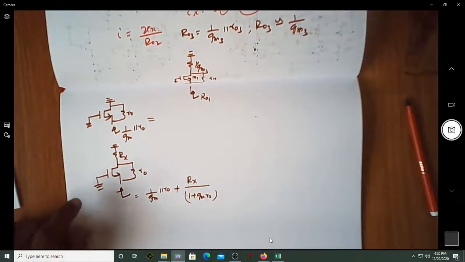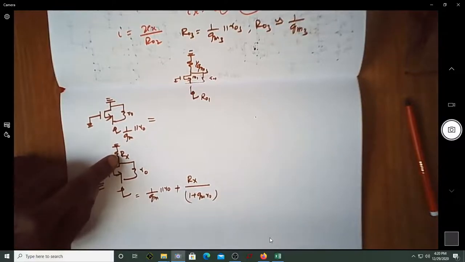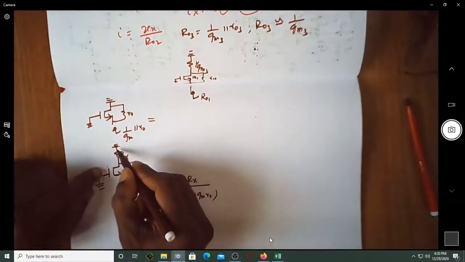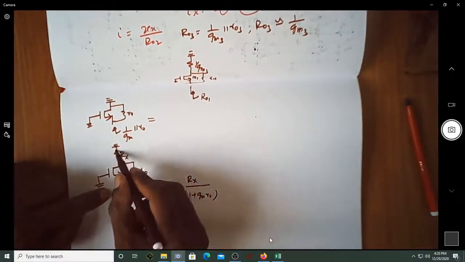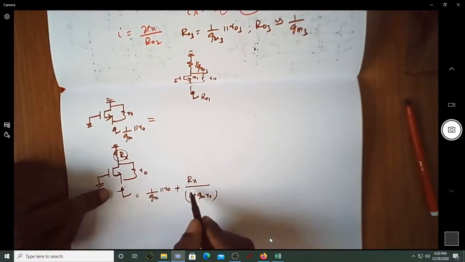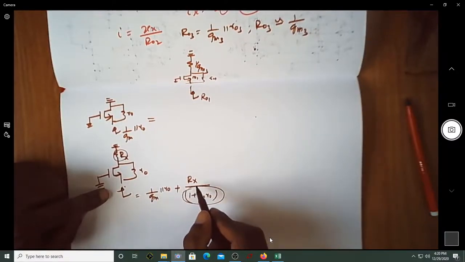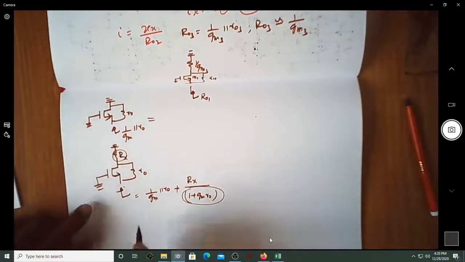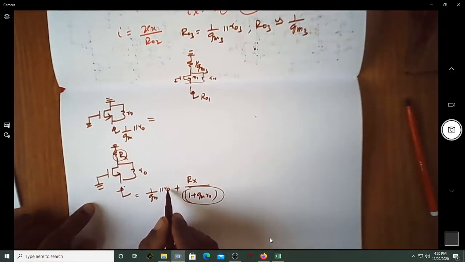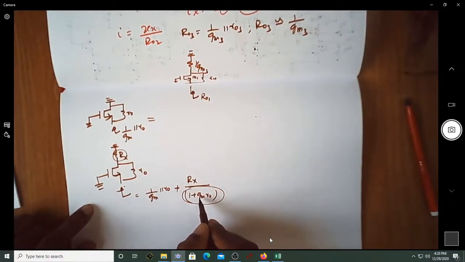Meaning the resistance connected to the drain, when looking from the source, will be seen as a resistance which is lesser by 1 plus Gm into R0 times.